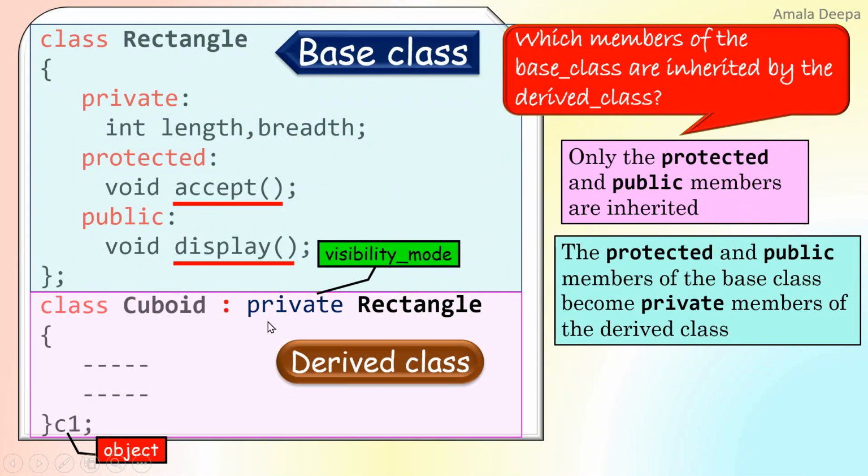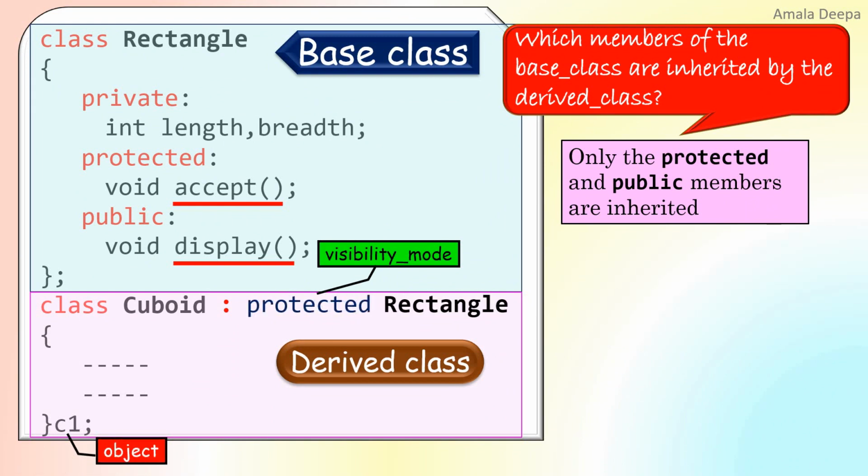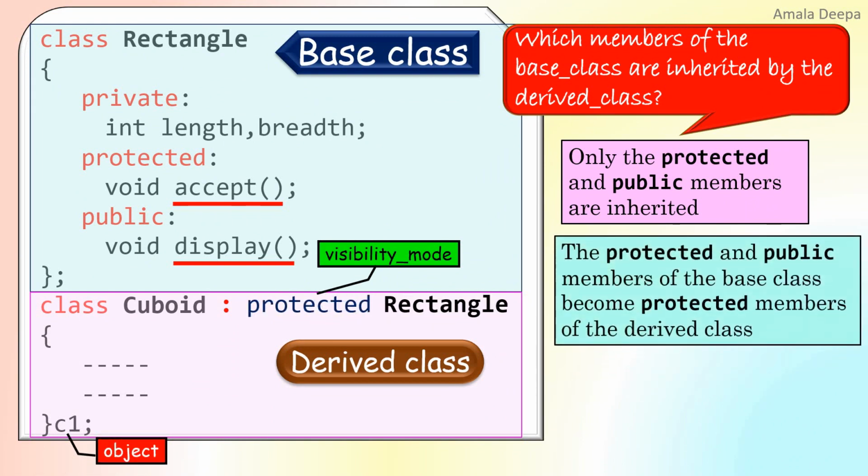What happens if the visibility mode is changed to protected? The protected and public members of the base class become protected members of the derived class. So, accept and display member functions are inherited as protected by the derived class.